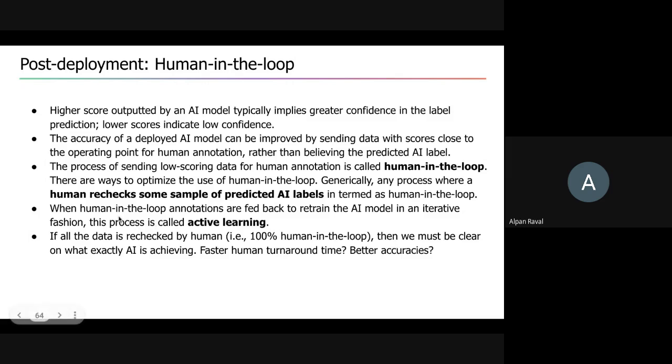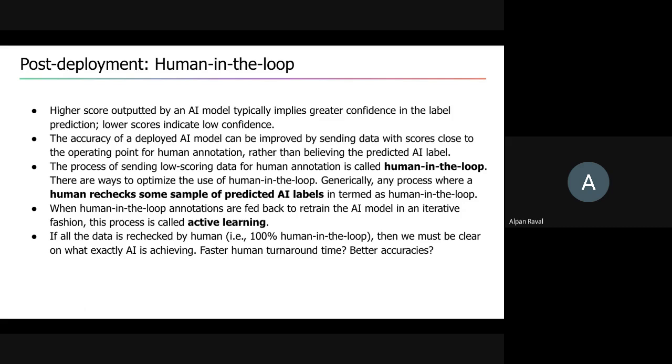Now you can do this in an iterative fashion. Let's say your AI is confident about certain decisions, and those decisions you don't question, whereas it has low confidence about other decisions, and for those other decisions, you have a human labeling that decision.